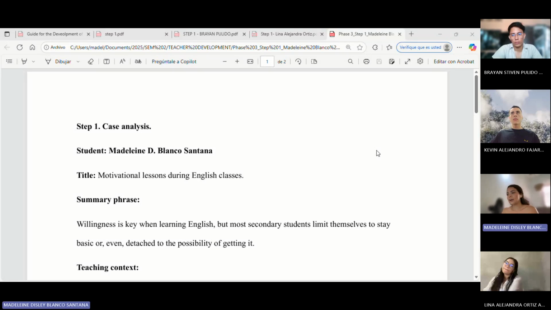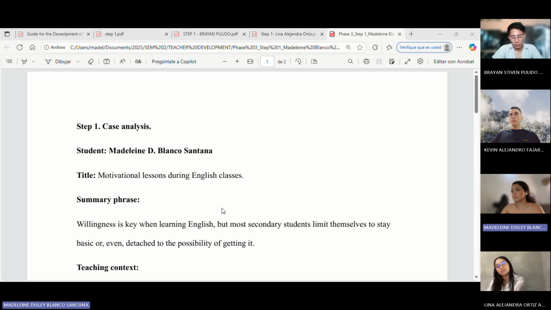So, guys, the issue that I found in my pedagogical practice was a lack of motivation. First of all, to put you in context, I was in the same institution as Kevin, but I was teaching 10th and 11th grade.